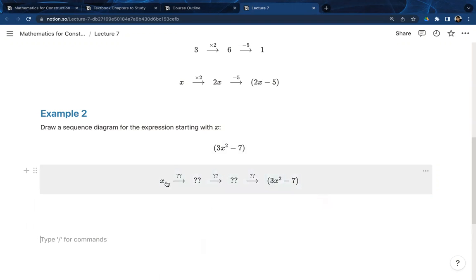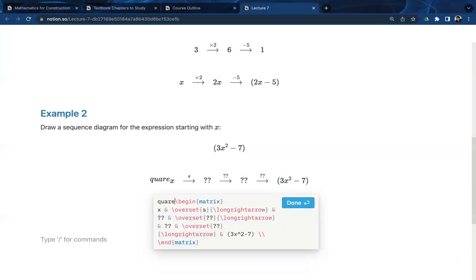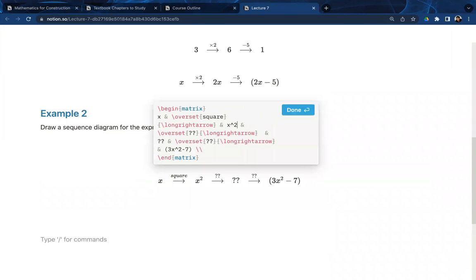So if I have x, the first operation you do to x is you square it, okay? If it's squared, you'll get x squared, okay? Remember we had 3x squared minus 7.